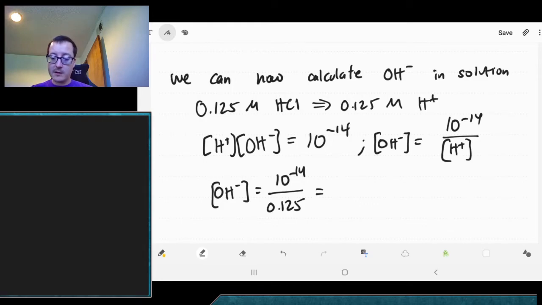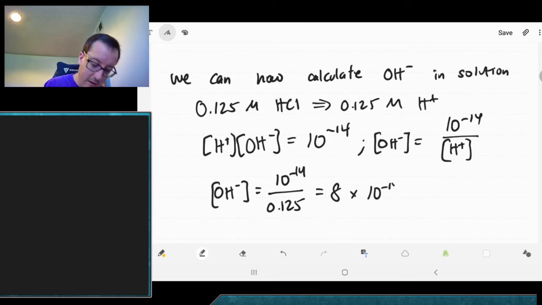So one thing to note about 10 to the minus 14, the way that I would enter this on my calculator is like this. I put 1 as my base number, EE, which is represented by that capital E there, minus 14, divided by 0.125. And so with this we get 8 times 10 to the negative 14.